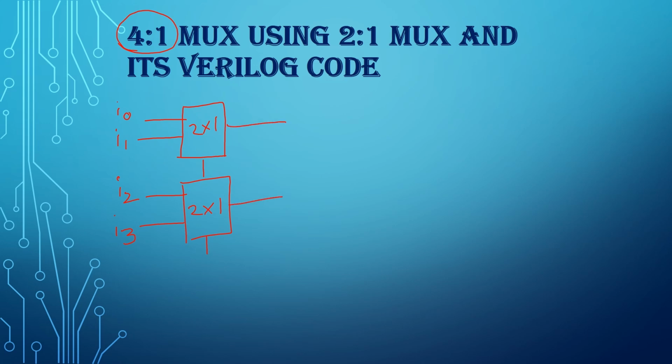The outputs of these two multiplexers we are going to connect to another multiplexer. Here the selection input is S0, here also the selection input is S0, and here S1. The internal wires I am going to assume as Y0 and Y1. The output of this multiplexer is Y.